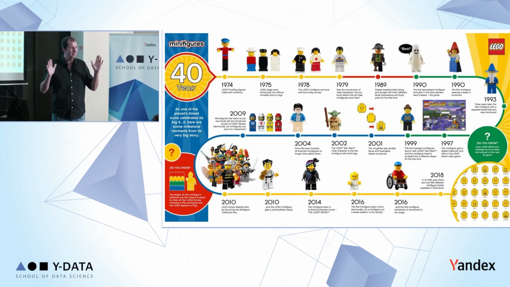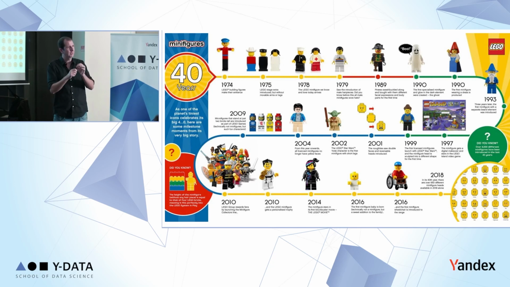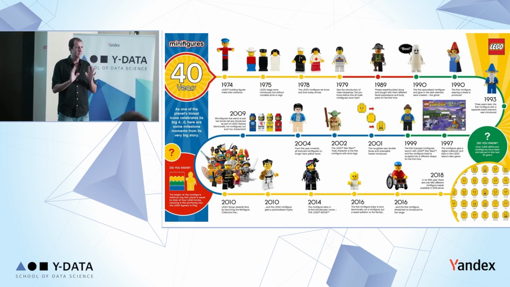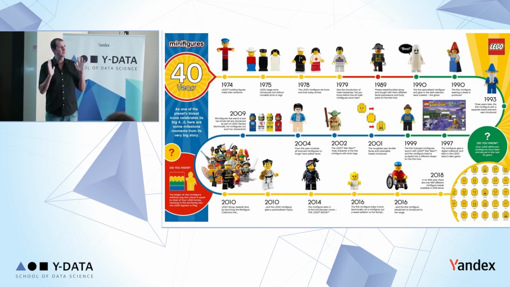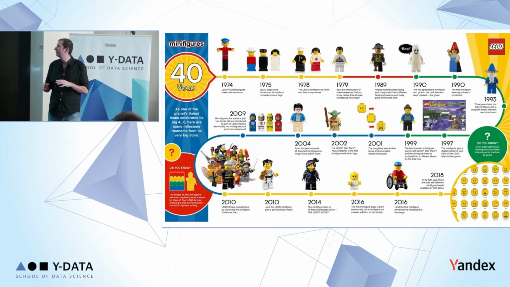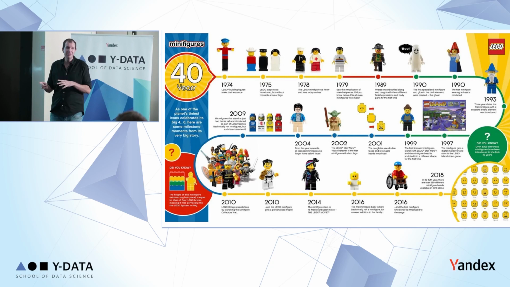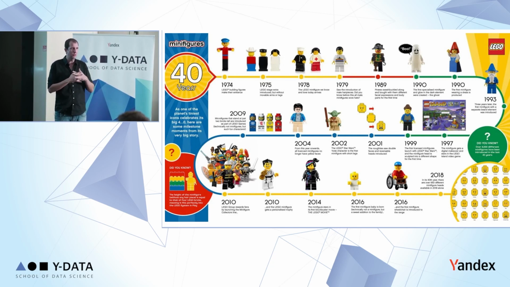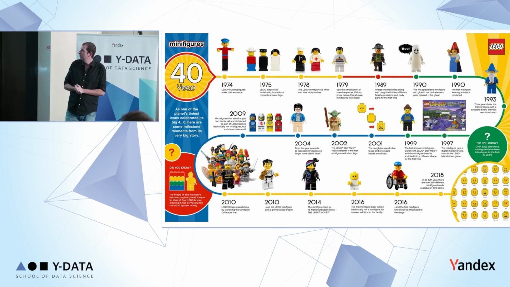Now, you can believe me or not, it's not my story, it's the Lego story, just indicating what you can get from UX research and from very deep analysis of specific users. But the most important aspect I want you to take from this slide is that Lego went through a lot of evolutions, and second, that integrating big data and small data is critical to understanding the why of the users.